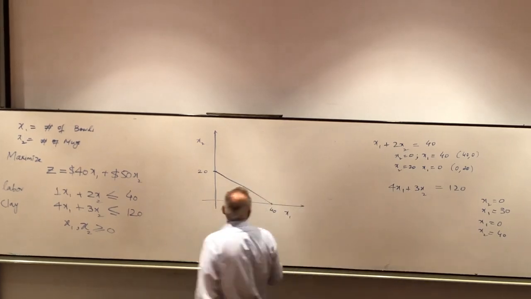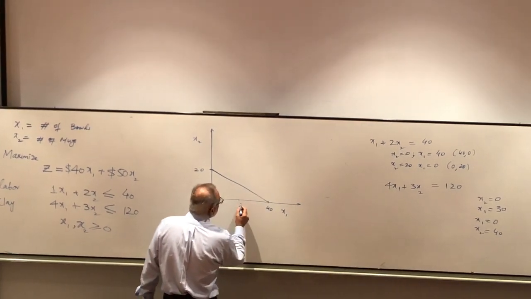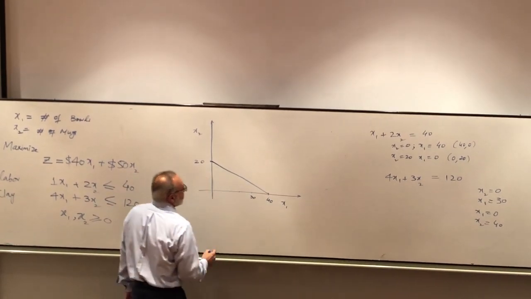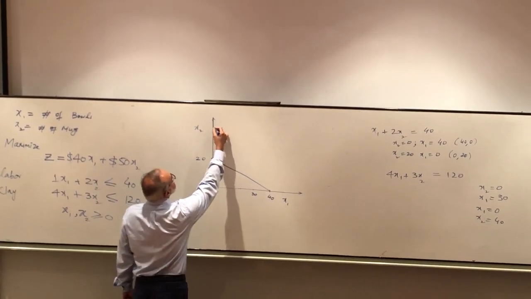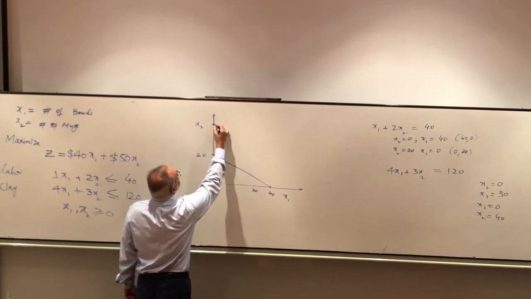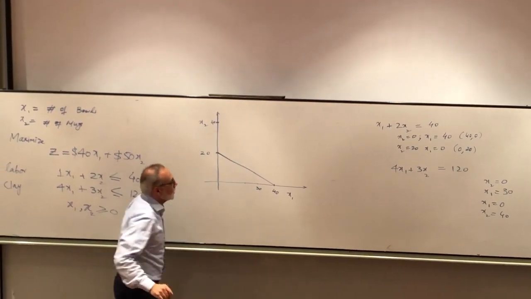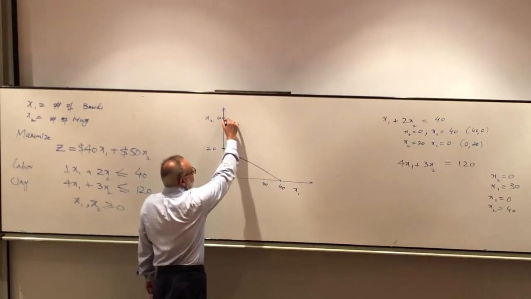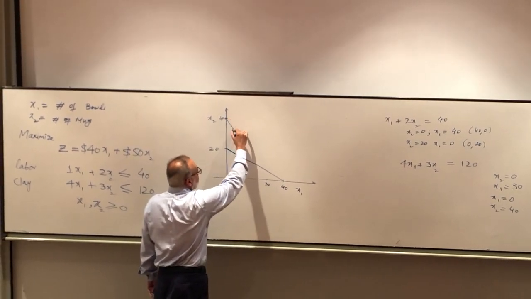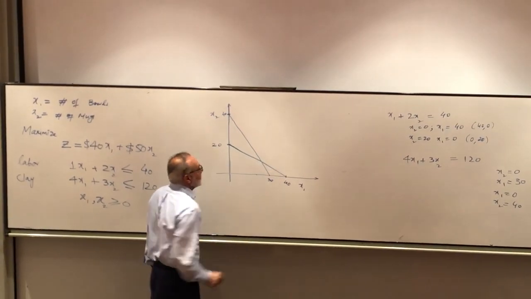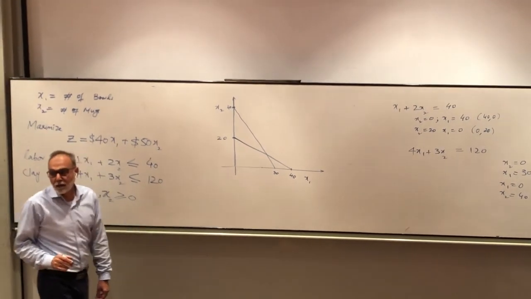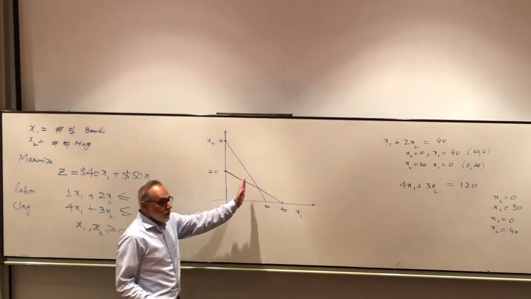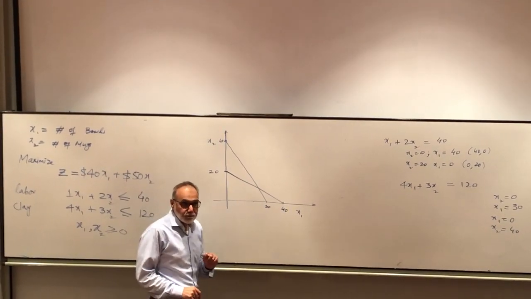So we have, let's say this is 20 here, then this may be around 30 here, and this is 40. Double of that. And we just join. Again, the constraint is valid on this side.